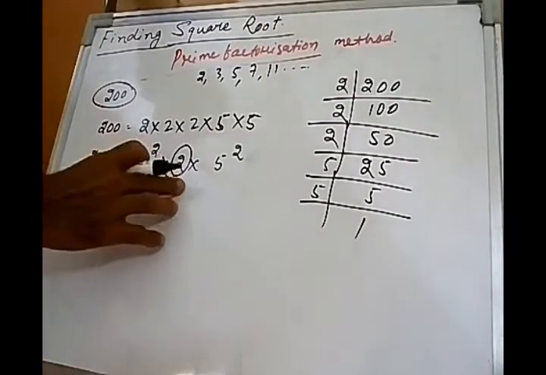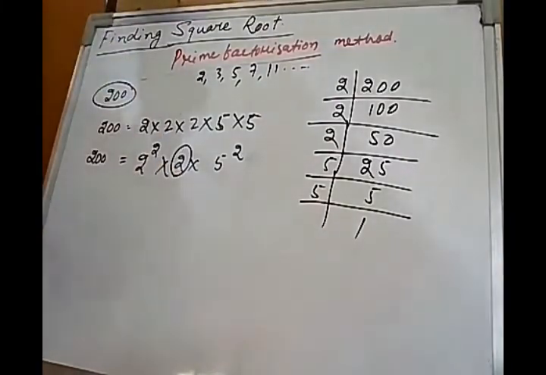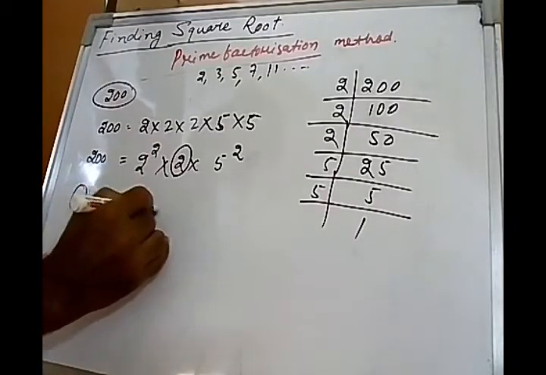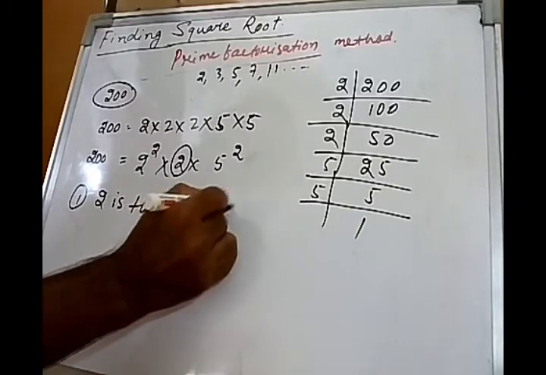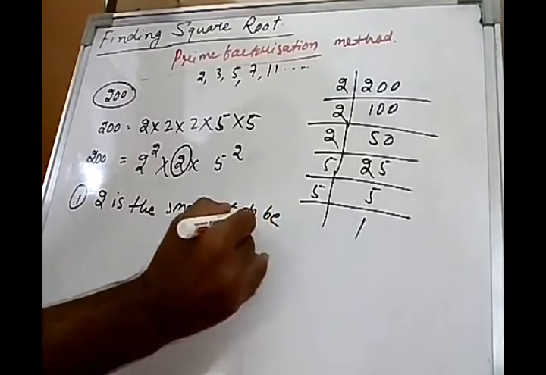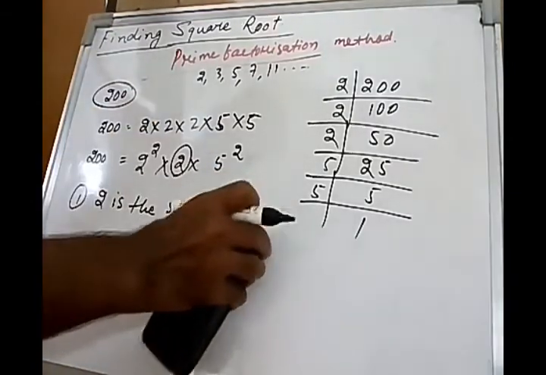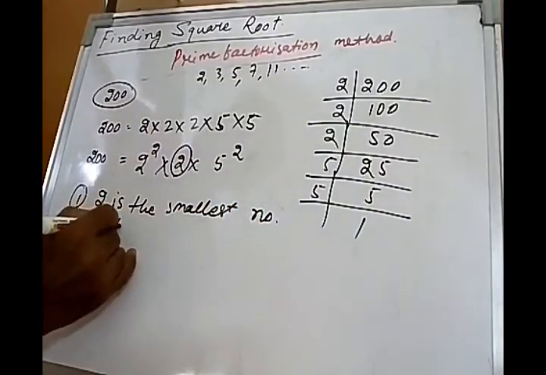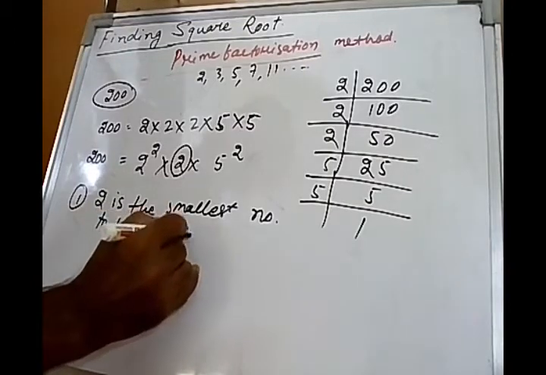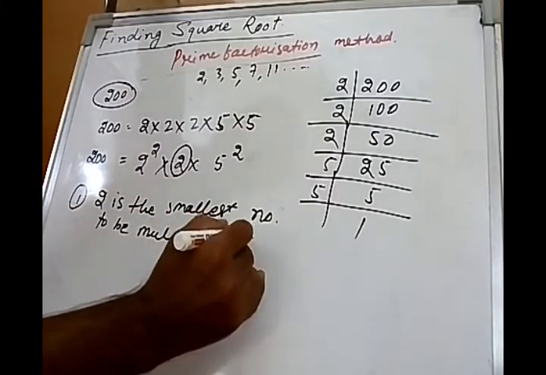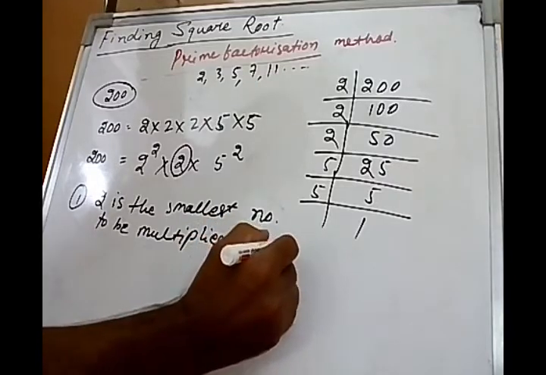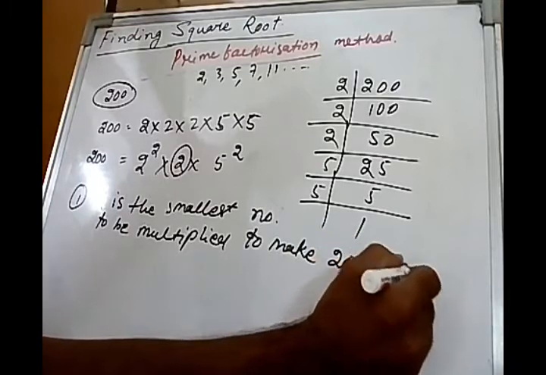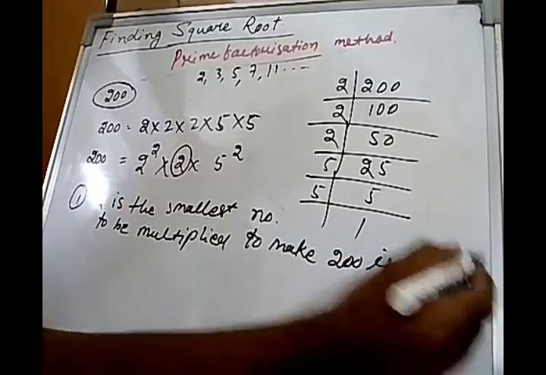2 is not in the pair form or square form, so 2 is the answer. So we can write here 1: 2 is the smallest number to be multiplied to make 200 a square number.